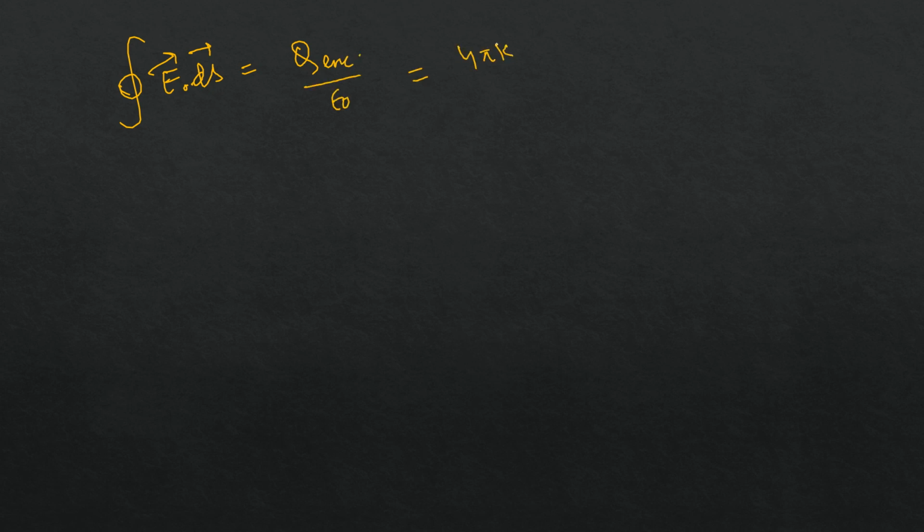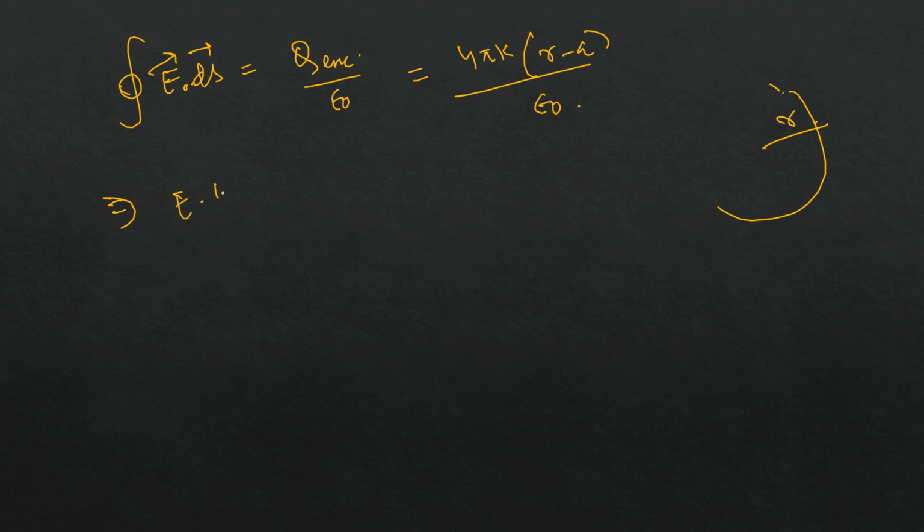Okay, now I'll put it here. E dot ds is equal to Q enclosed by epsilon naught. Q enclosed is 4 pi K (R minus A), over epsilon naught. So E dot ds will be up to which point again? Tell me. Again, the Gaussian surface is up to R, small r.